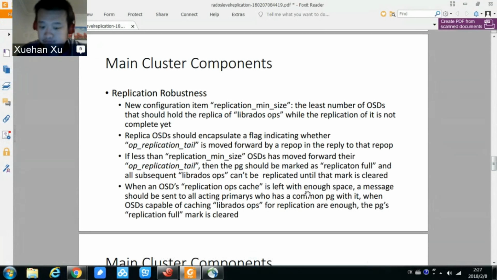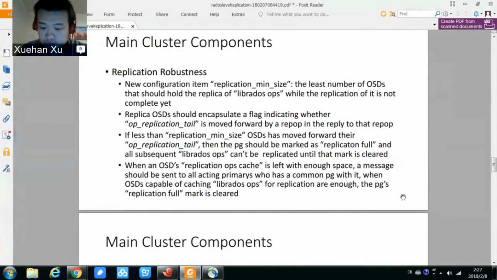If fewer than this mean size of OSDs have moved forward their replication tail, then the PG should be marked as replication full, and all subsequent liberated ops can be replicated until this mark is clear.